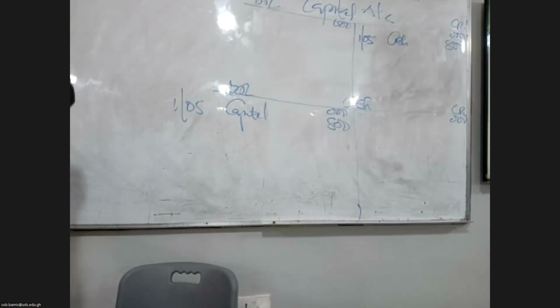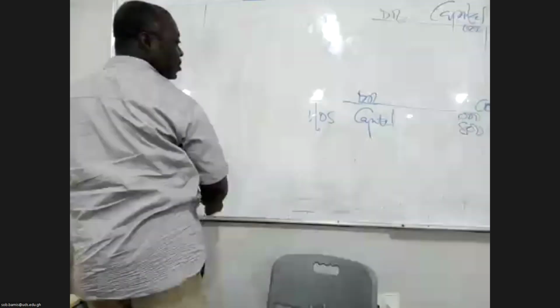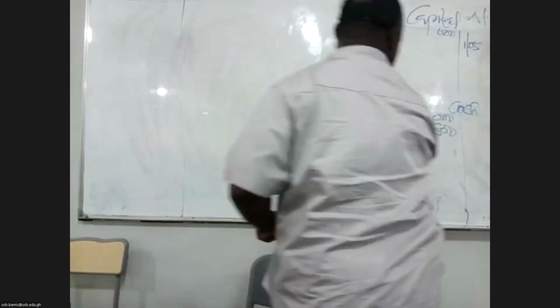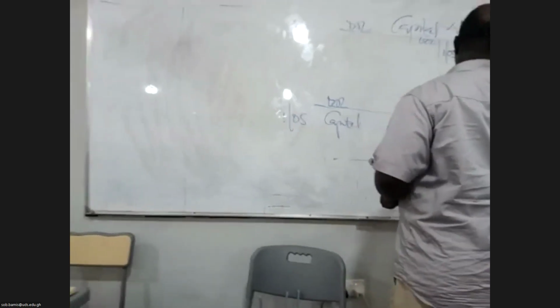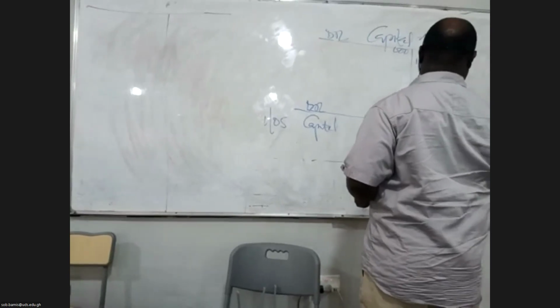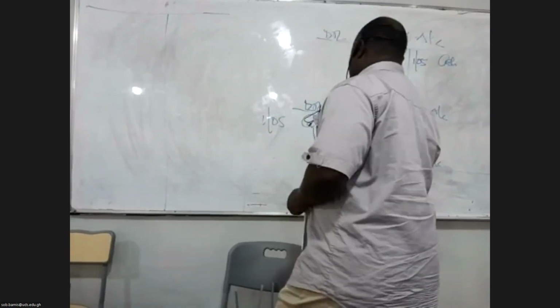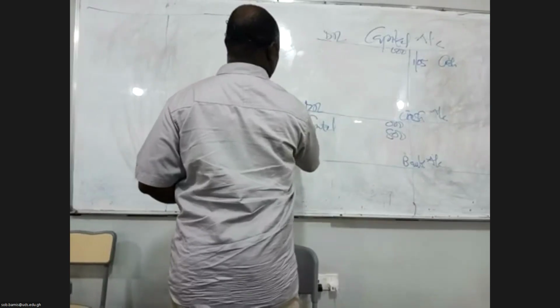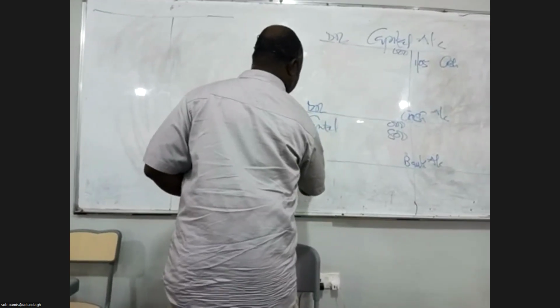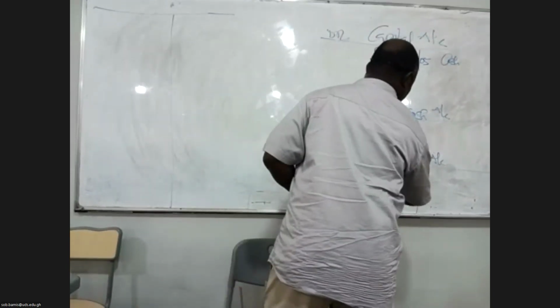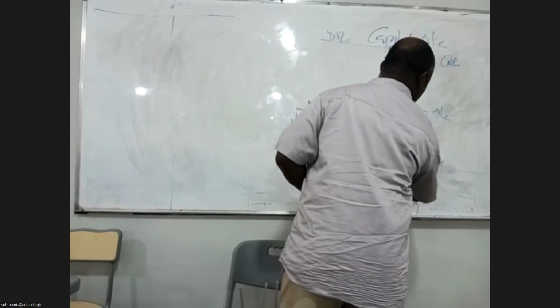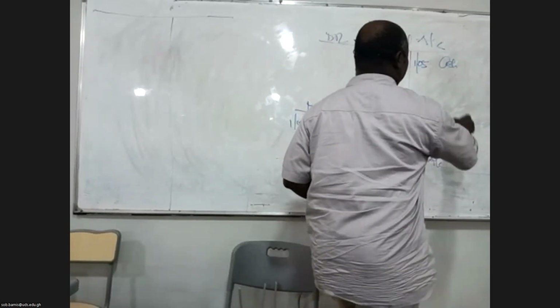The next will be our bank account, cash account. So here too, this is 1st of May. Capital, how much? 2.2 here, 1st of May.